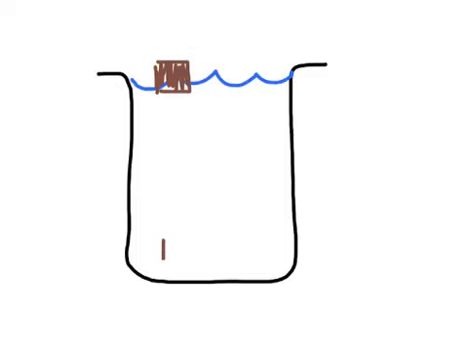If I have another object, the same size, but it is sinking, it's denser than water. Let's look at the lab that we did, and say there's a little overflow spout right here, where as I put the objects in the water, the extra water will flow out. How much water am I going to catch?